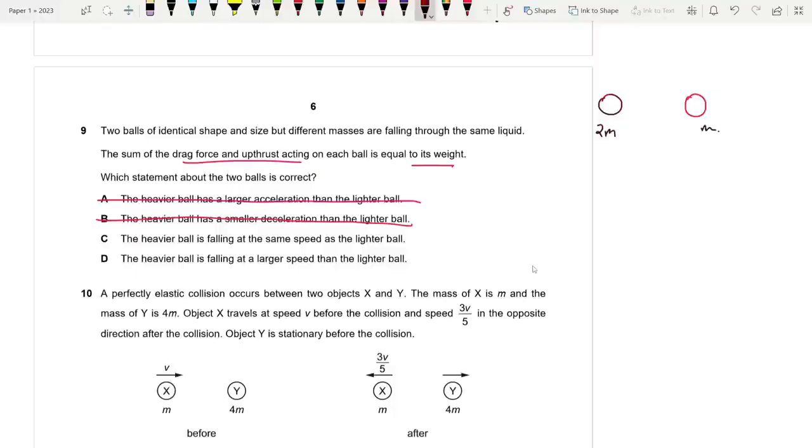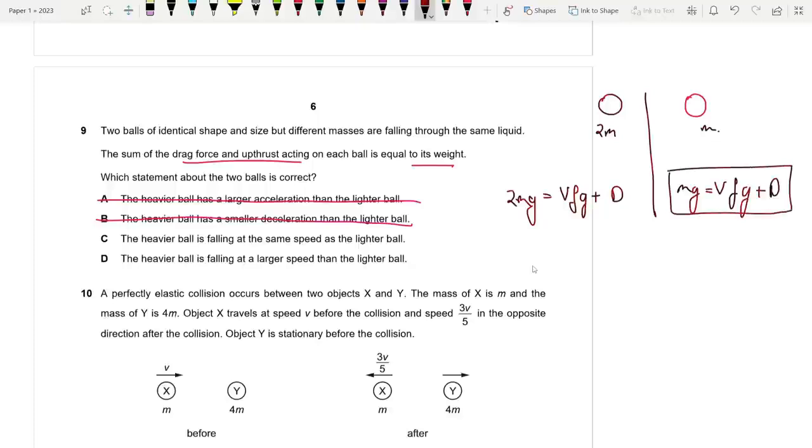So for this one falling down, 2mg is equal to volume is same, rho is same, V rho g, and sorry, that is upthrust, V rho g is upthrust, plus the drag force, and for this one it's mg is equal to V rho g plus the drag force. This is how it's being balanced out.